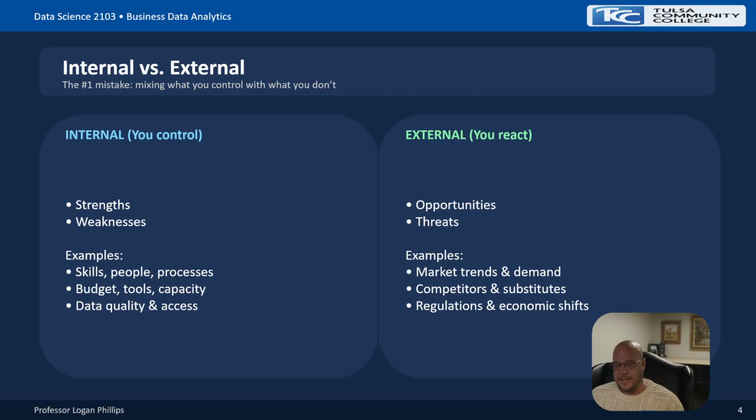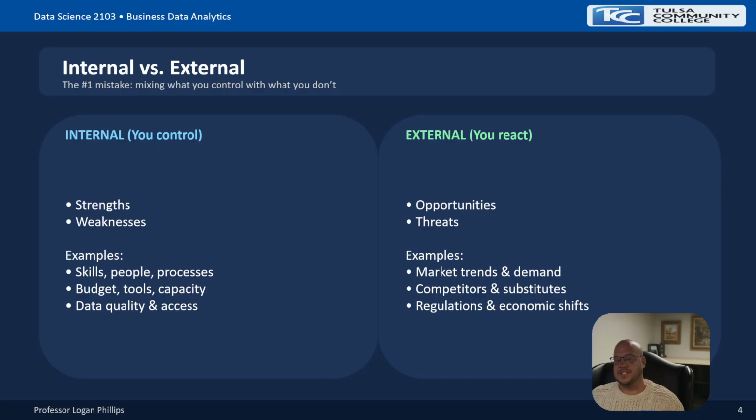If you can't fix it directly and you can only respond strategically, it's external. As an example, if your advising follow-up process is inconsistent, that's a weakness. You own it. If your competitor programs are growing online and pulling away, that's a threat. You don't control it. So getting this right matters because if you mix them, your strategy turns into confusion.